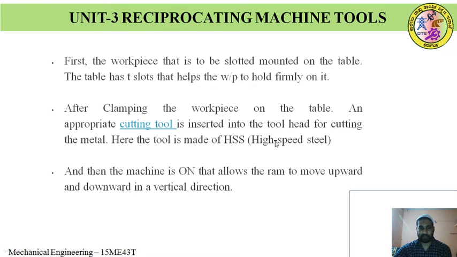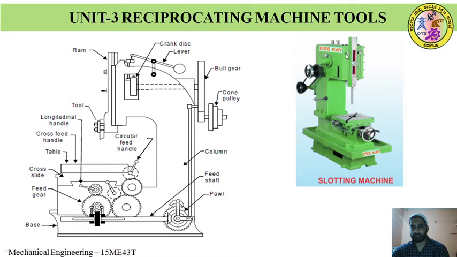High speed steel is the material of the tool, and then the machine is turned on, which allows the ram to move upward and downward in the vertical direction.